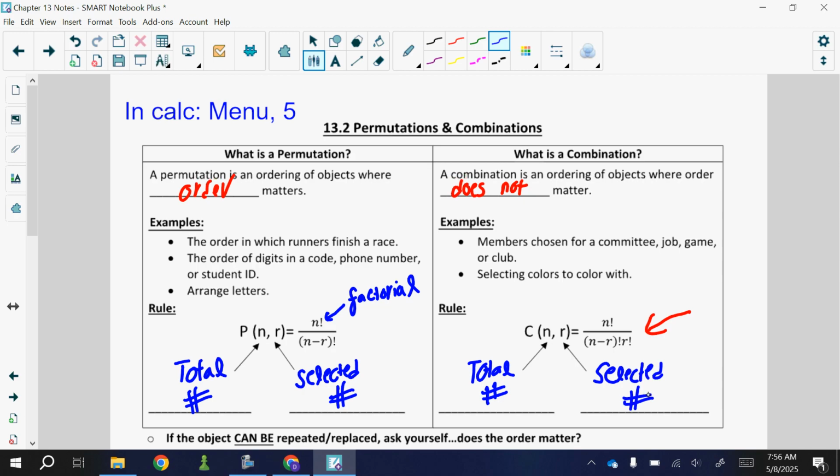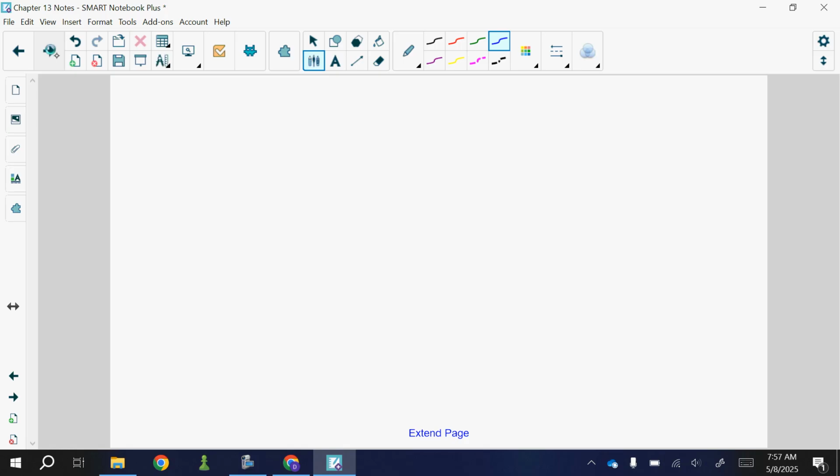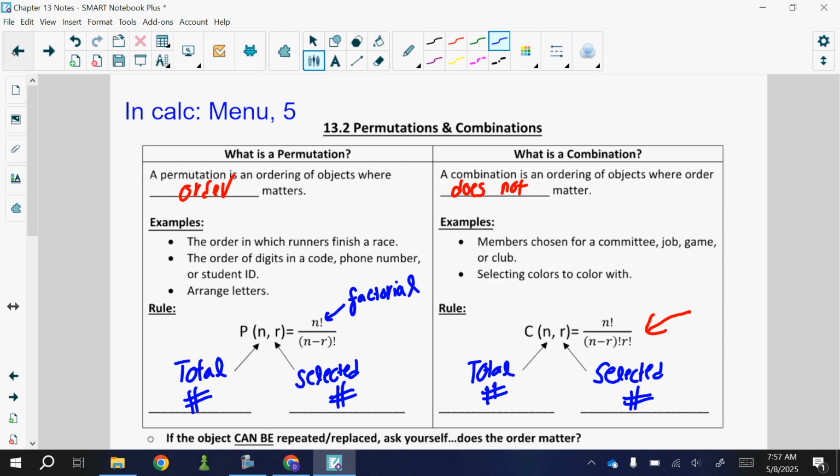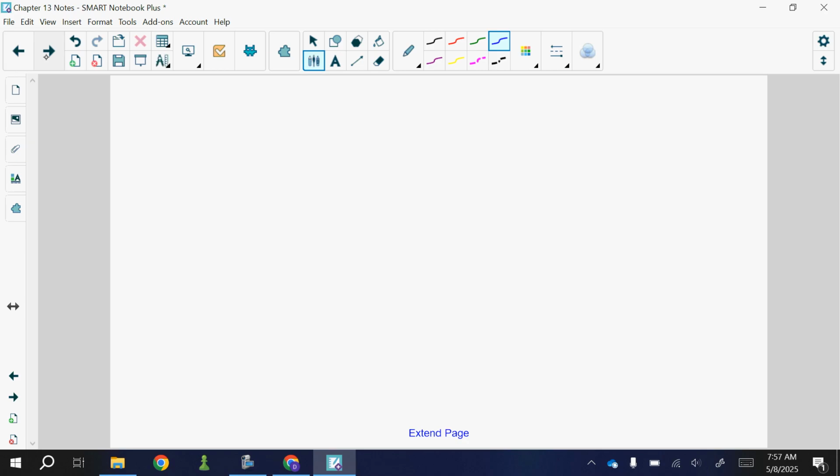Before I get into the actual notes, I just want to talk a little bit more about factorials and what they look like. A factorial is a specific type of multiplication, and it's actually a direct consequence of the fundamental counting principle that we went over in 13.1.